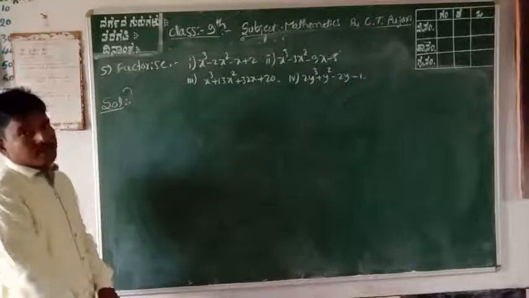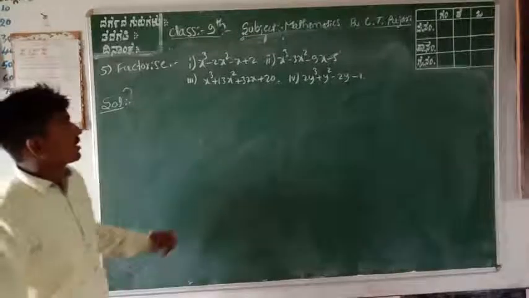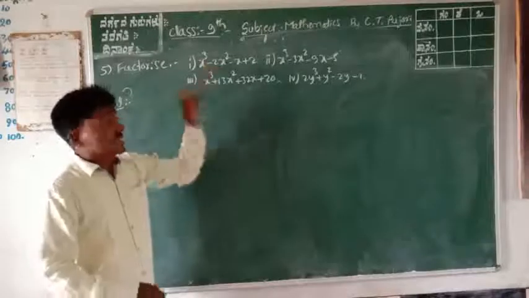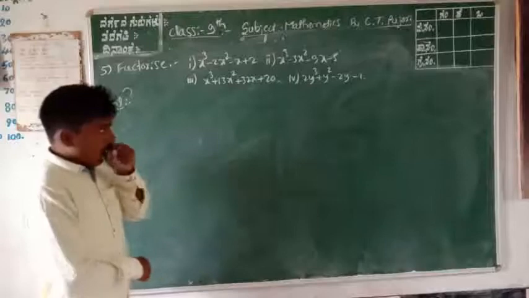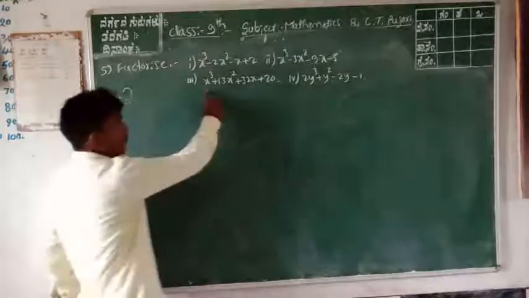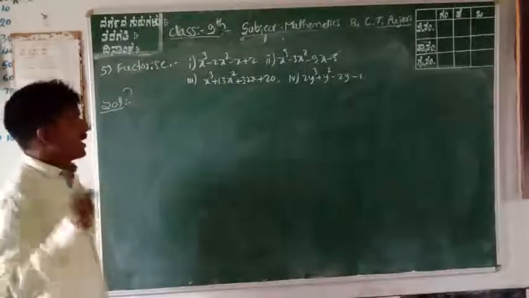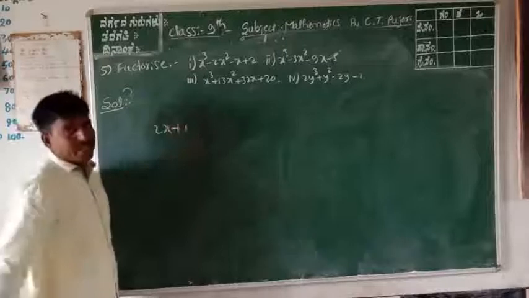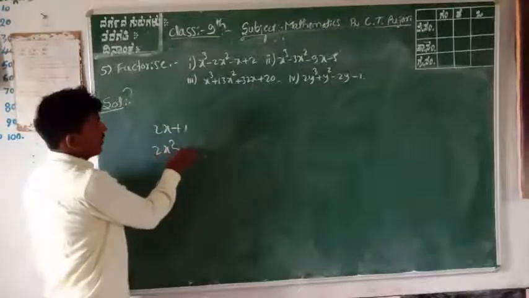This fifth one is a lengthy process. What is the lengthy process? In this polynomial, the degree is 3, and there are 4 terms in total. You can find the factors very easily in a linear polynomial with 2 terms, or otherwise a single term, or a quadratic polynomial.